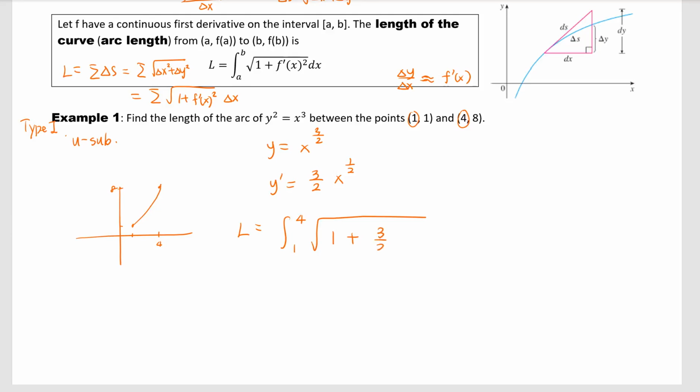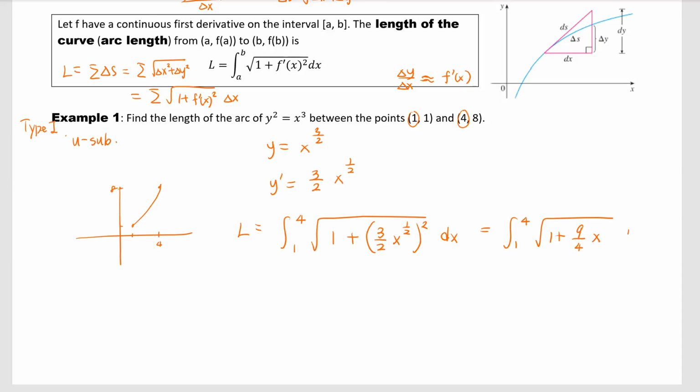So it's 3/2 x to the 1/2, squared, dx. Don't forget your parentheses, okay? This is the outline formula. From 1 to 4, 1 plus 3 squared is 9, 2 squared is 4, x.